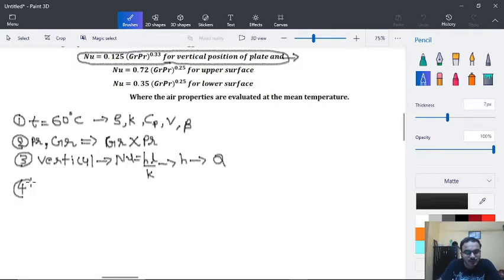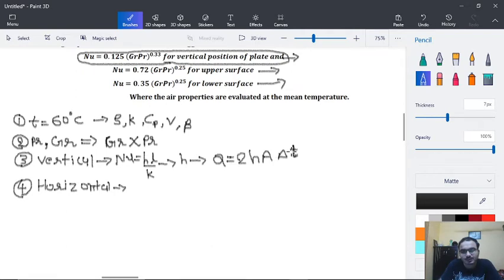Fourth point will be, we will be considering the case of the horizontal one. Here Q will be given by, as it is kept vertical, 2 times hAΔT, because we are considering both the sides.